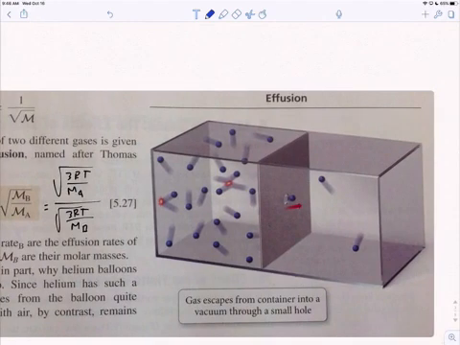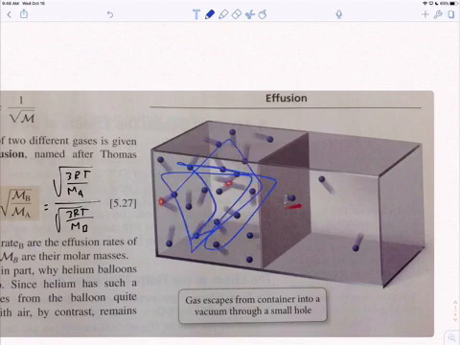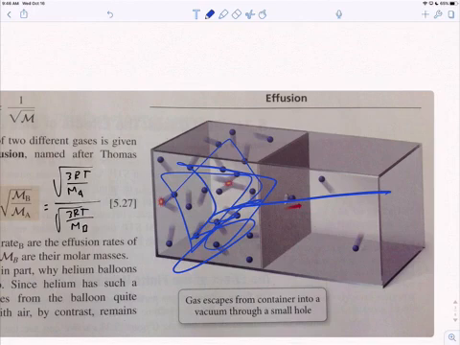So if you see this picture here, you have the mean free path. Remember, the gas particles, pew, pew, pew, just running around, and occasionally one flies out. And what Graham is saying is that the rate of this effusion, the rate of this gas leaving, is 1 over the square root of the molecular weight.